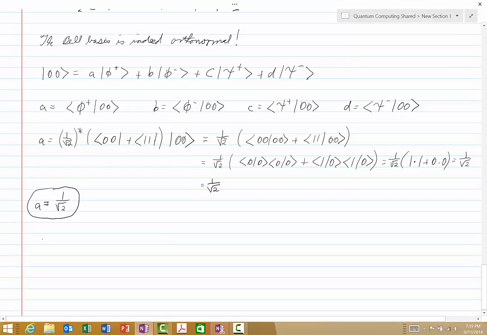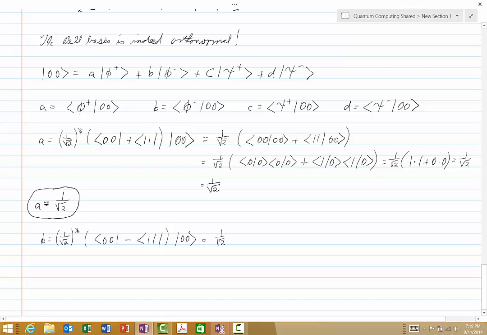Okay, so for B, we have 1 over square root of 2 complex conjugate, and now we're looking at V minus. So we have 0, 0, minus 1, 1, and then 0, 0 on the right.